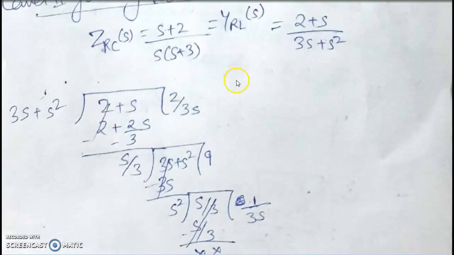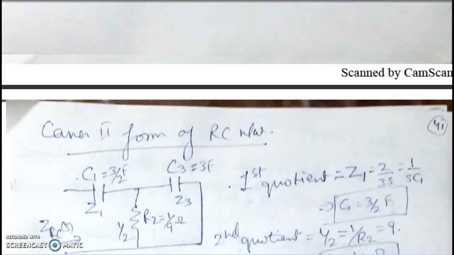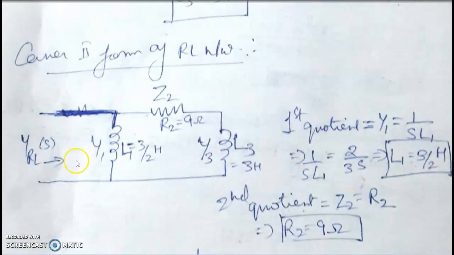In the case of the RL network, Cauer 2 form has the series element as a resistor and the shunt element as an inductor. Total 3 quotients are there. That means the circuit will be like this. Because we are realizing the admittance function, the circuit will start from the shunt arm. So the shunt element is an inductor, next in series is a resistor, and next in shunt is an inductor.